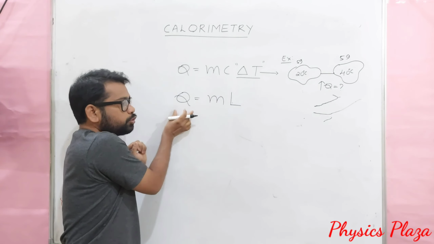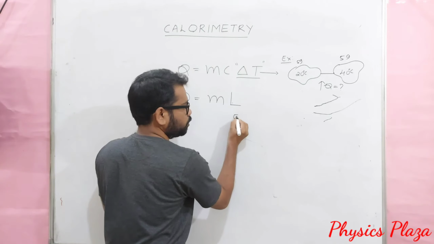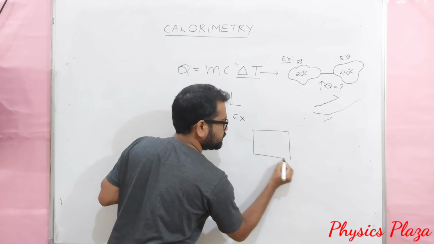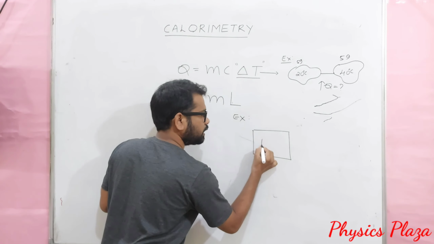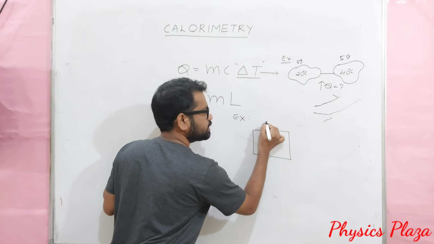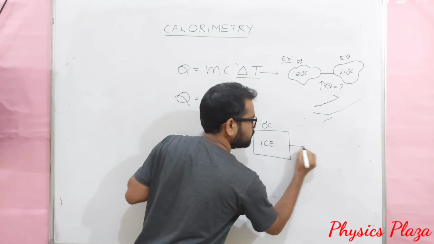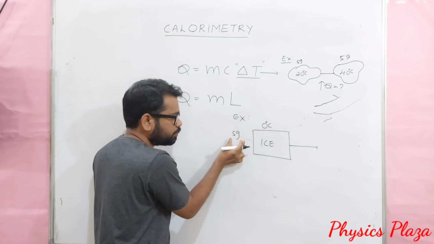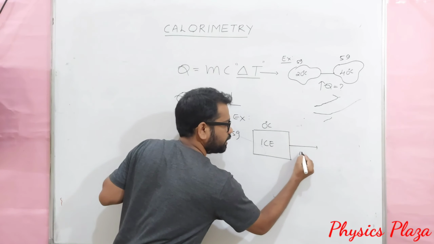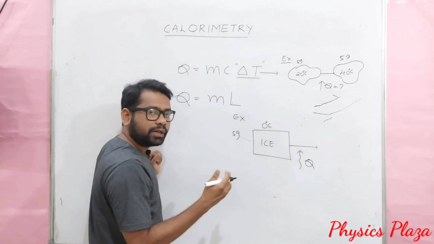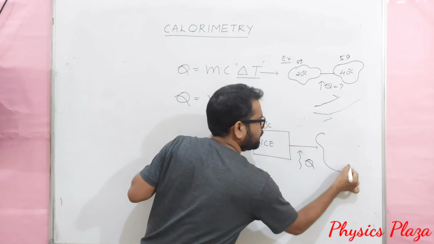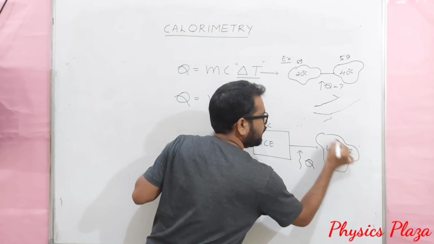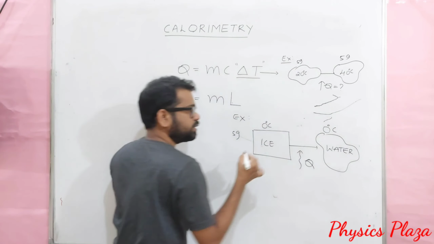When should we use Q is equal to ml? Let me take one small example here. Children, let us say here is ice. 5 grams of ice at 0 degrees Celsius is given some amount of heat so that it melts at the same temperature and gets converted into water, here water at 0 degrees Celsius only.